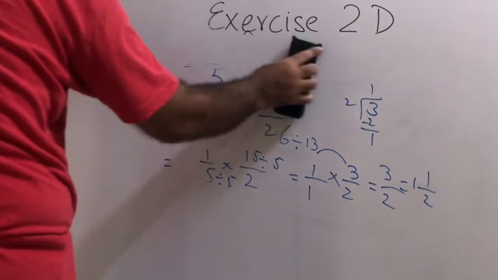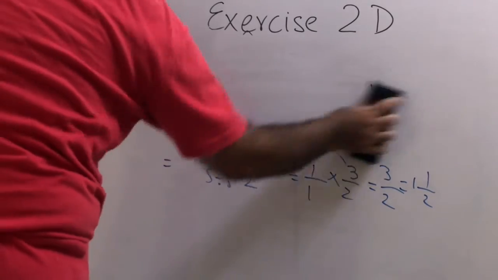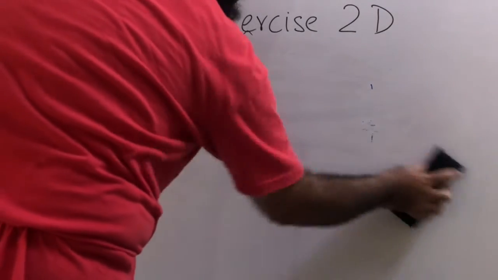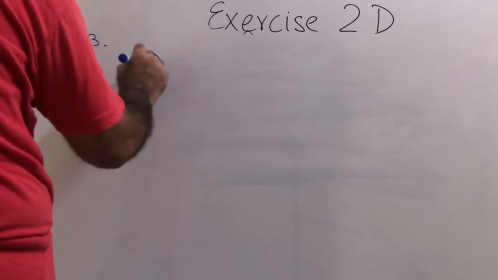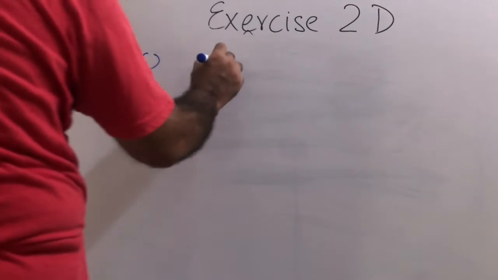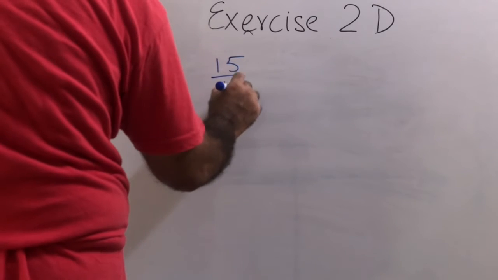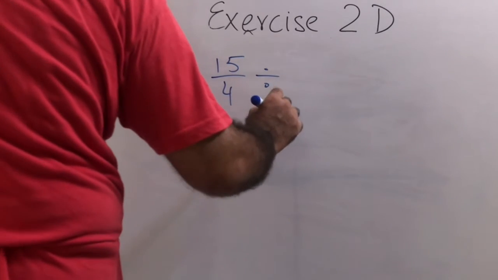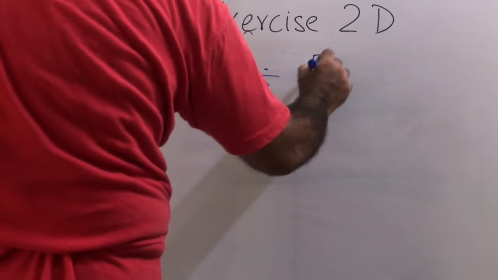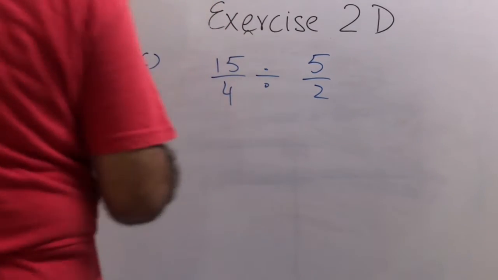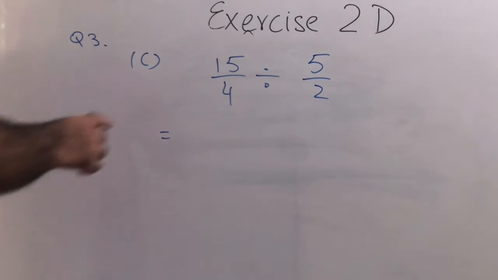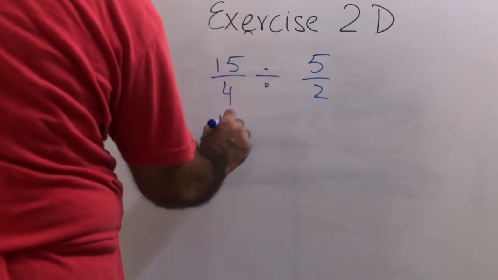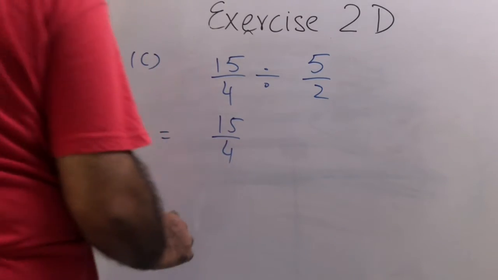Now we will be moving to part C. Part C is 15 over 4 divided by 5 over 2. The very first step in division of fractions is that the left side remains the same.